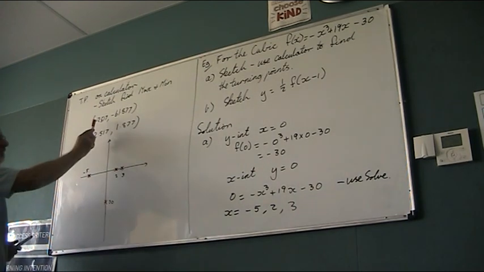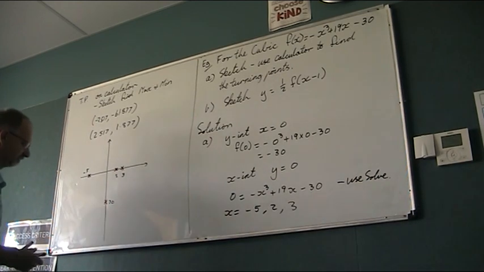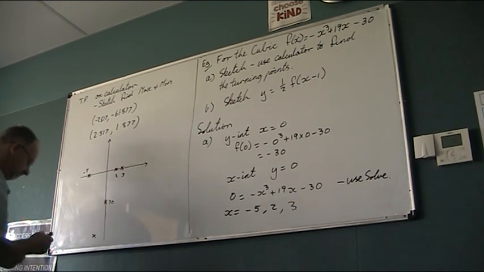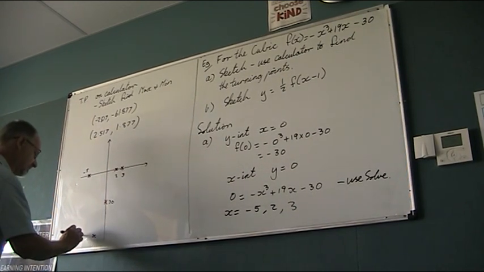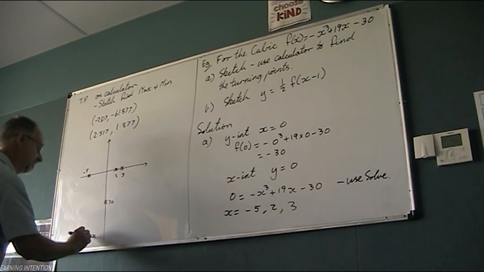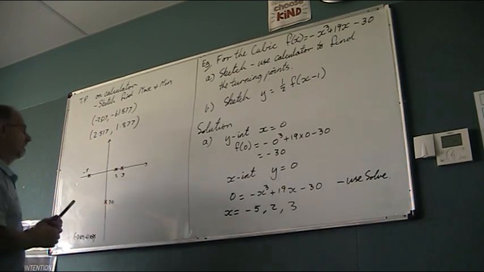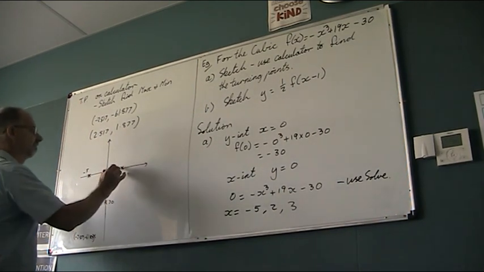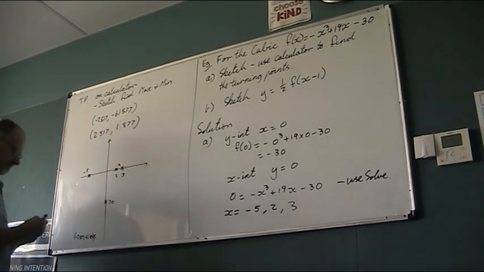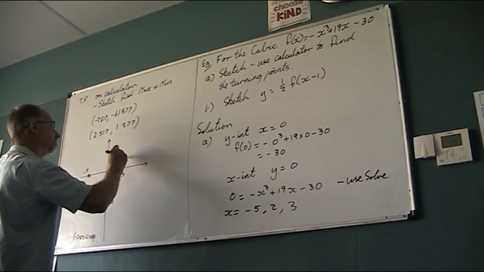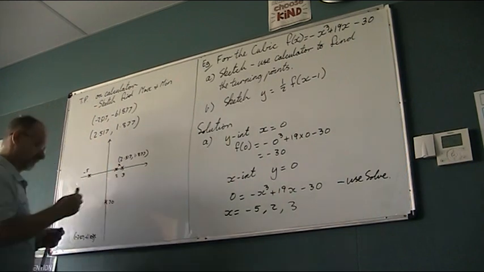Turning point, negative 2.5 something and negative 61, that's down here. So negative 2.517, negative 61.877. And we've got another one, 2.5 and 1.8, so that's about there. Like so.